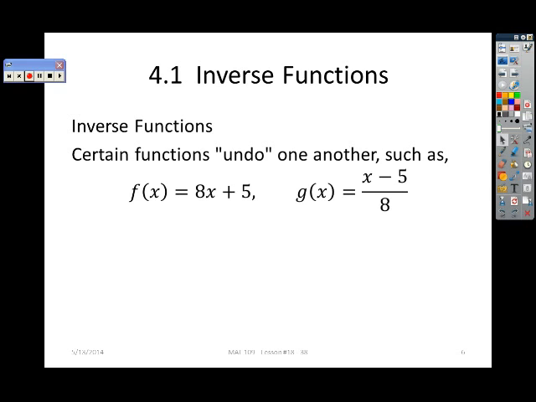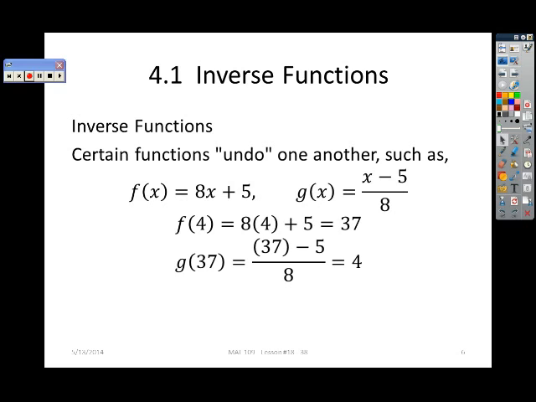Here are two functions. We can test whether they're inverses of one another. If we put the number 4 into f, we get the number 37. If we take the number 37 and put it into g, we get the number 4 back.